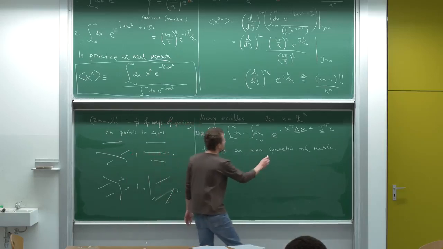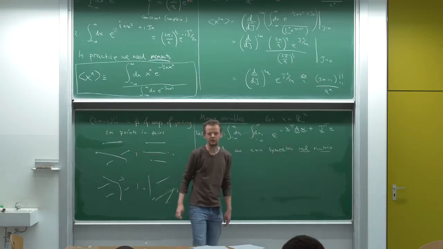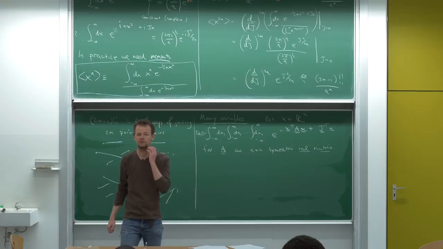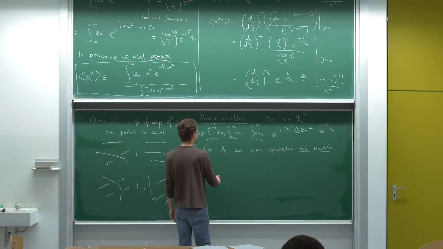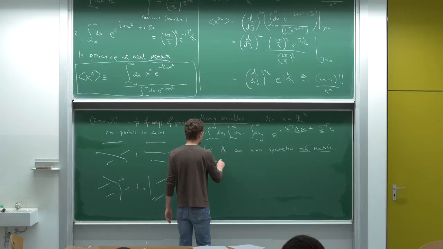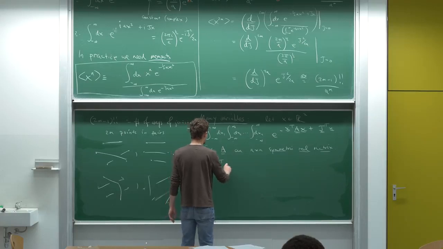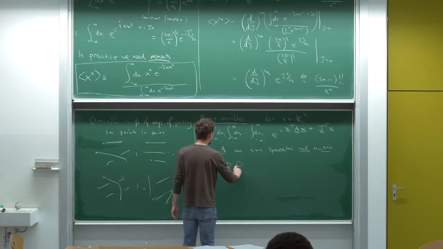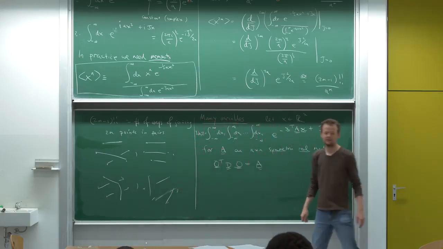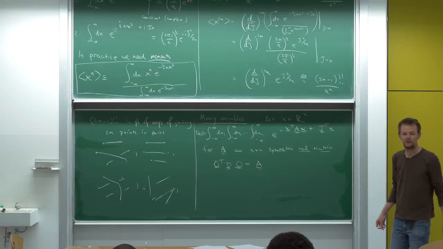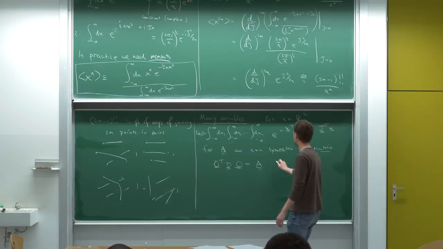When you see a symmetric real matrix, you should think of matrix normal forms. And the normal form for a symmetric real matrix is that there exists some orthogonal matrix O, some diagonal matrix D, which allows you to write A as that product there of three matrices.